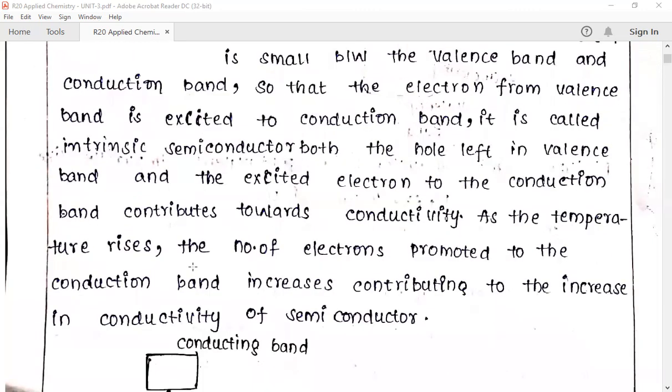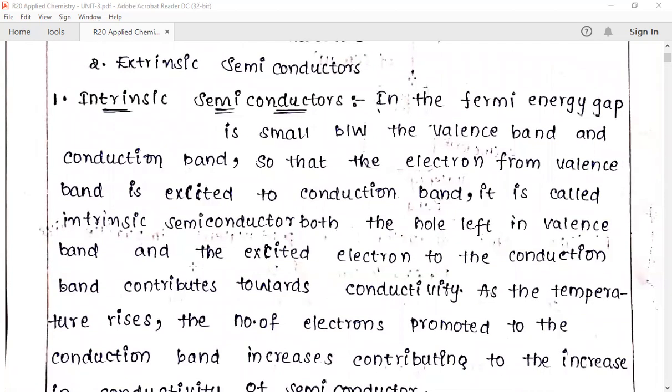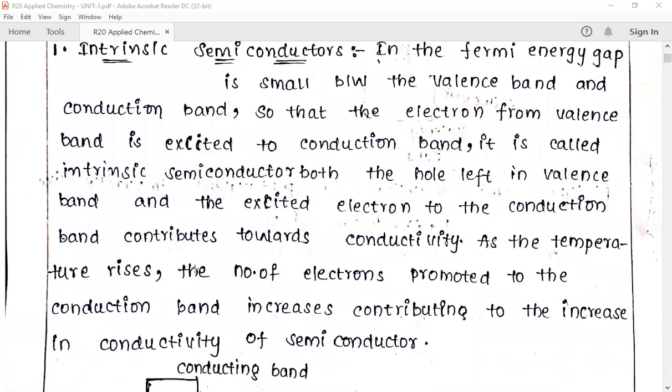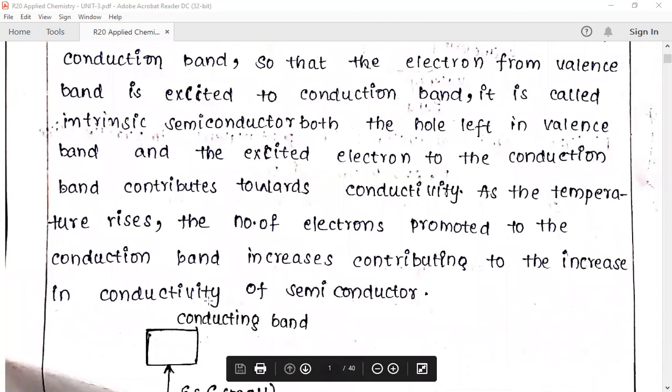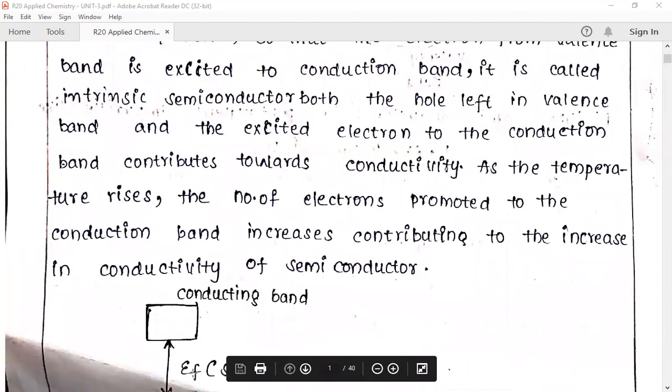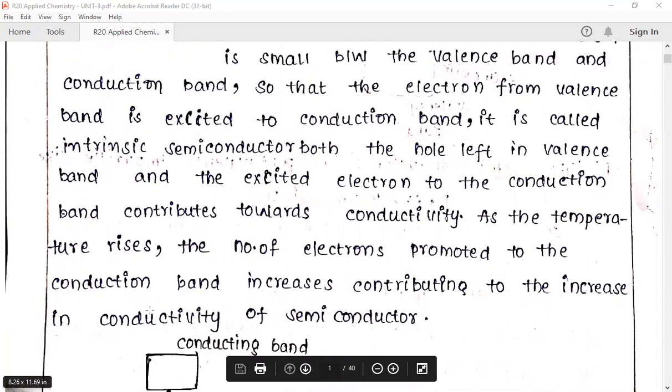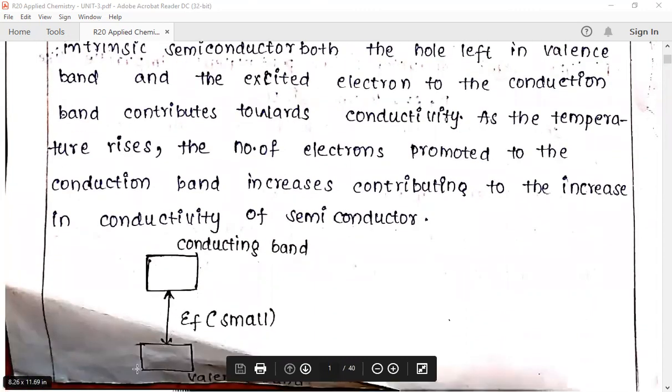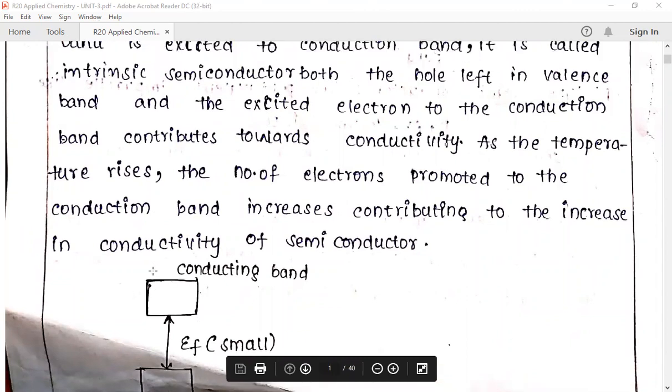Coming to the intrinsic semiconductor, if the Fermi energy gap between the valence band and the conduction band is small, so that the electron from the valence band is excited to the conduction band, it is known as an intrinsic semiconductor.